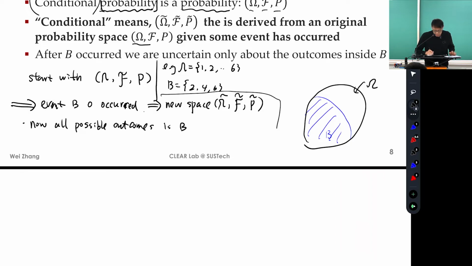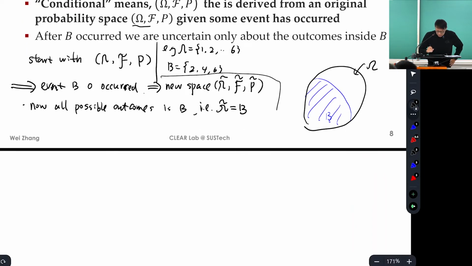So in other words, omega tilde is B. So your total possible outcome becomes B. Outside B, it is not a possible outcome anymore, supposing the information is true. Okay, omega tilde becomes B.